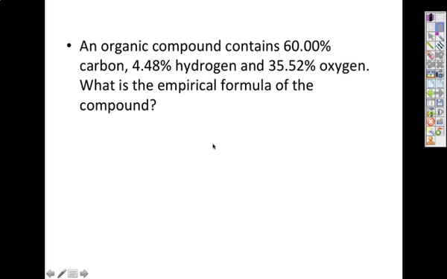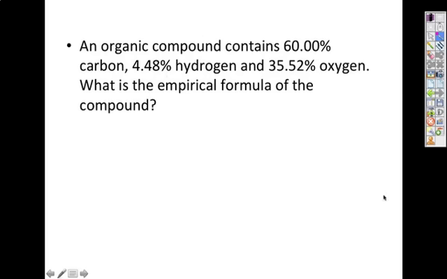So, our example, we have an organic compound that contains 60% carbon, 4.48% hydrogen, and 35.52% oxygen, and we need to determine the empirical formula of this compound. So, first thing we need to do, this is odd because it's in percentages. We can't use them that way.